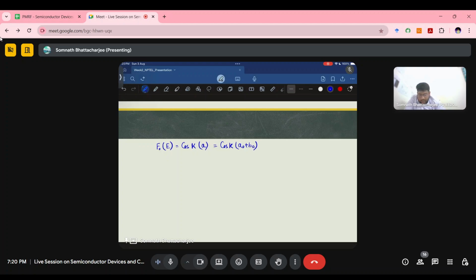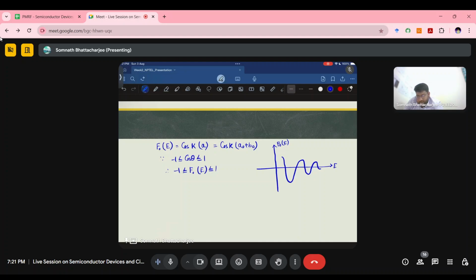Okay, so now we know that a cos theta value lies from minus 1 to 1, and based on that, we can also say that the value of this function of energy also lies between these limits. So if we plot this as a function of energy, it would look something like this, where the values keep on decreasing.